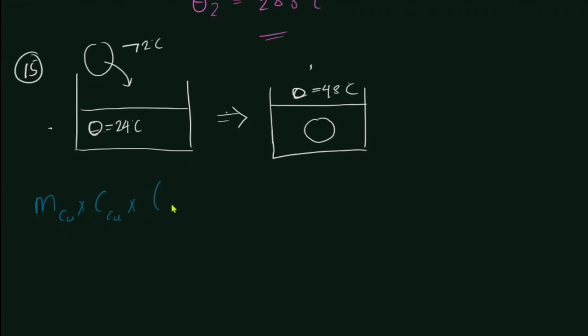Its temperature varied from 72 to 48. The mass of water, let's assume mw. The specific heat capacity is cw. Its temperature increased from 24 to 48. This is the first equation.